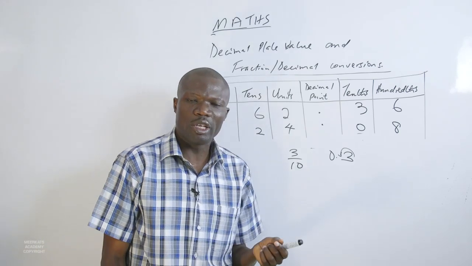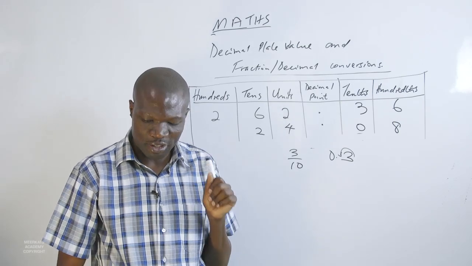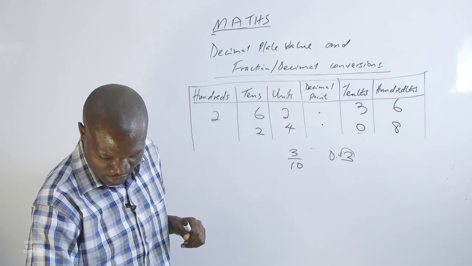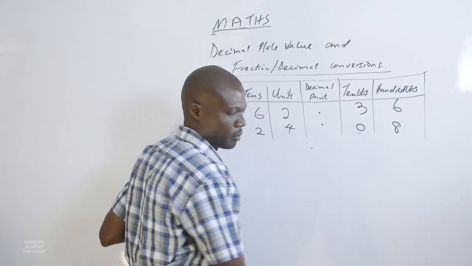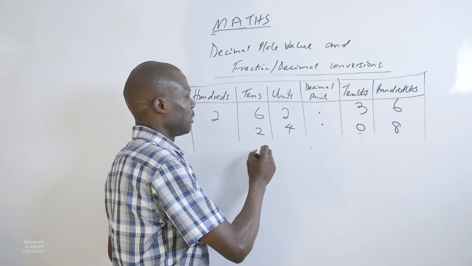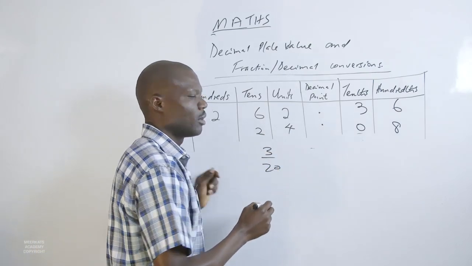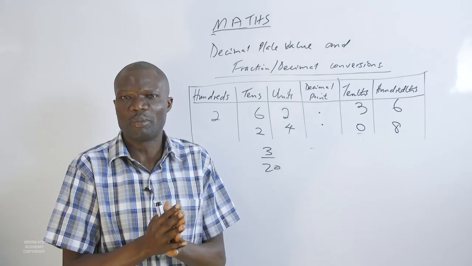Now, this is when the denominator is a power of 10. What if the denominator is not a power of 10? We want to convert a fraction whose denominator is not a power of 10.